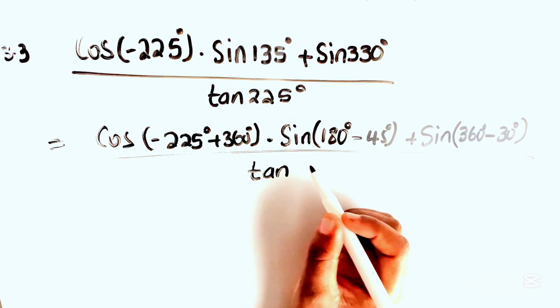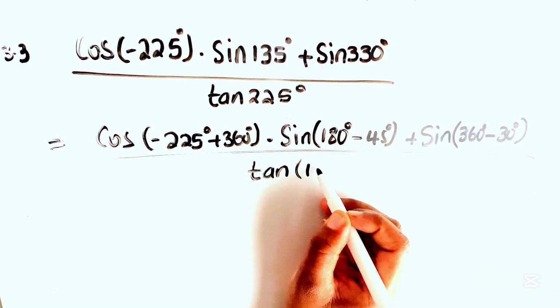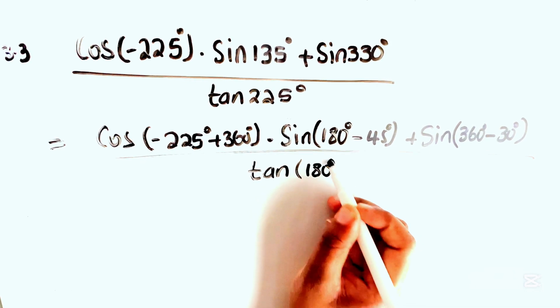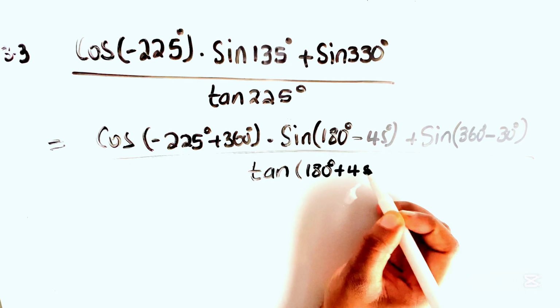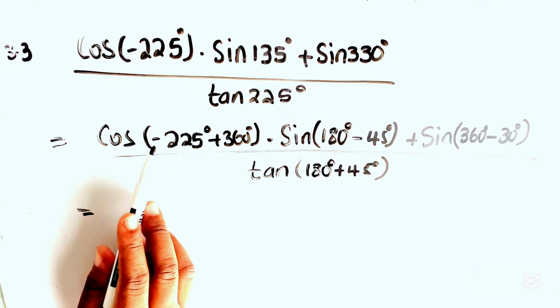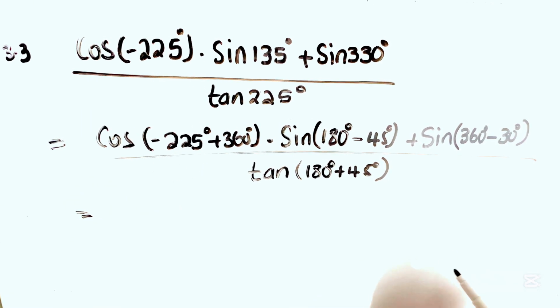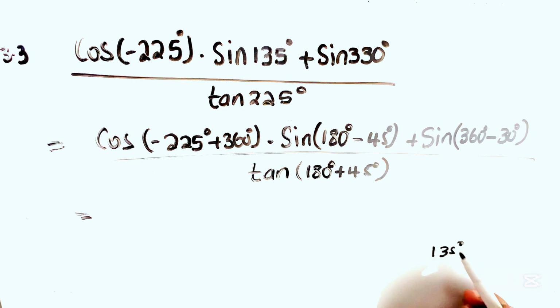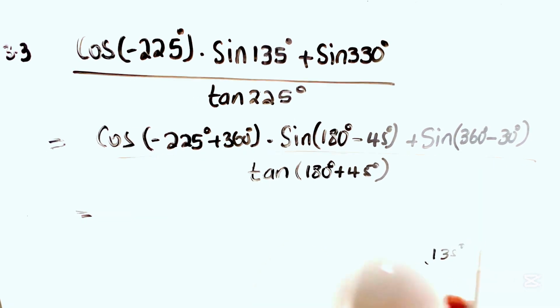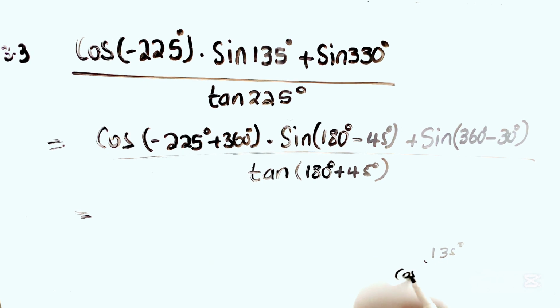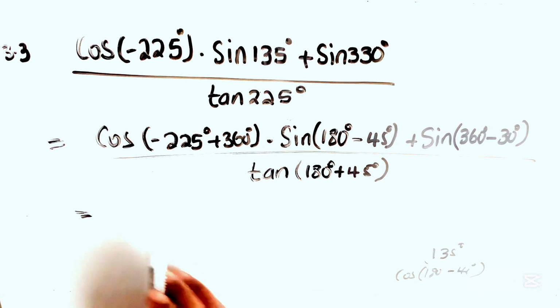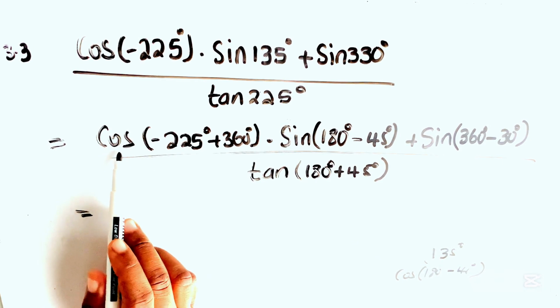The 225 is in the third quadrant, so the reduction is 180 plus. Negative 225 plus 360 will give us 135. For 135, we already have the reduction. It means now we have the cos of 180 minus 45. This 180 minus is in the second quadrant, whereby the cos in the second quadrant is negative.